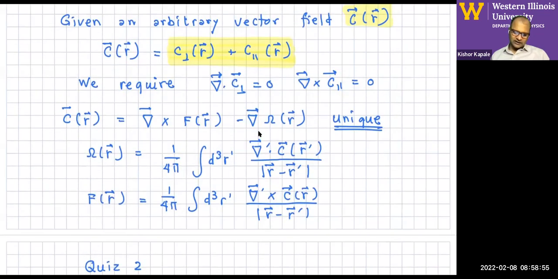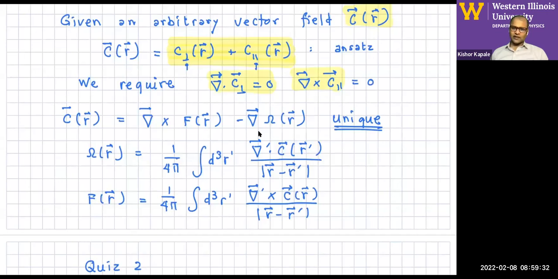So what we are going to do is just an ansatz, an assumption, that we can split the vector field that we are trying to determine into two components, C perpendicular and C parallel. That's what these subscripts are to be read as, perpendicular and parallel, where for the perpendicular component the divergence is 0, and for the parallel component the curl is 0.